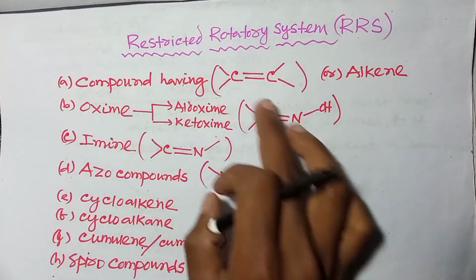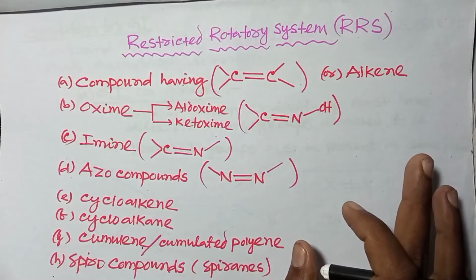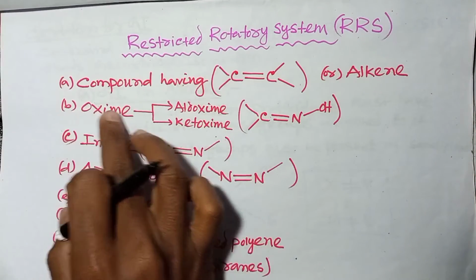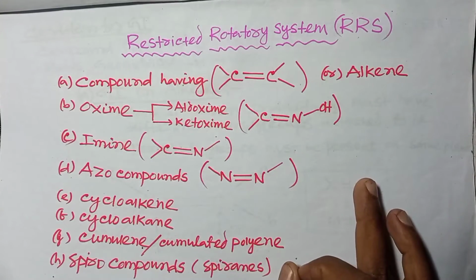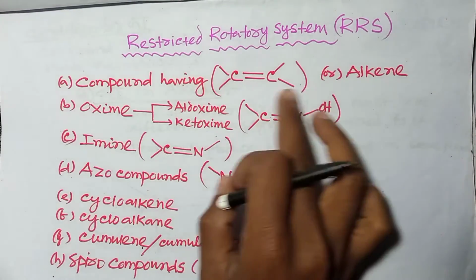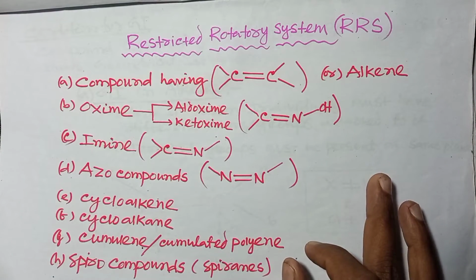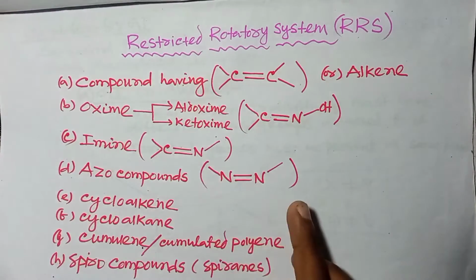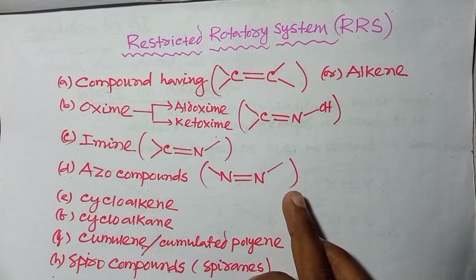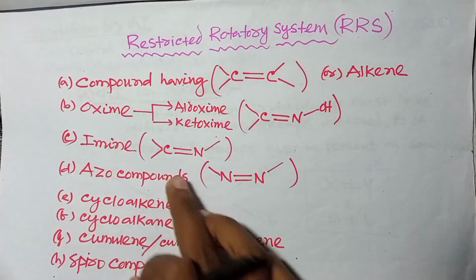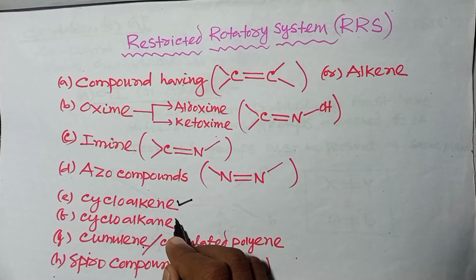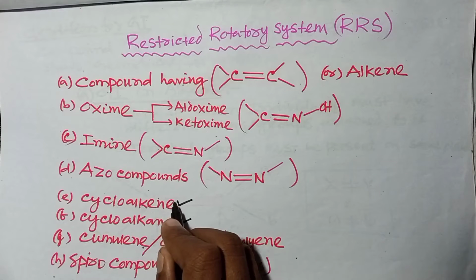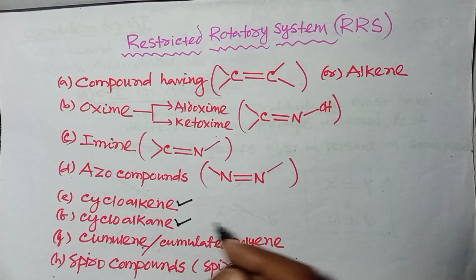Then oxime, which can be aldoxime or ketoxime, so a structure of this kind can show geometrical isomerism. Then the imine, this one is the structure of imine. Then azo compound, then cycloalkene, this is cycloalkene.